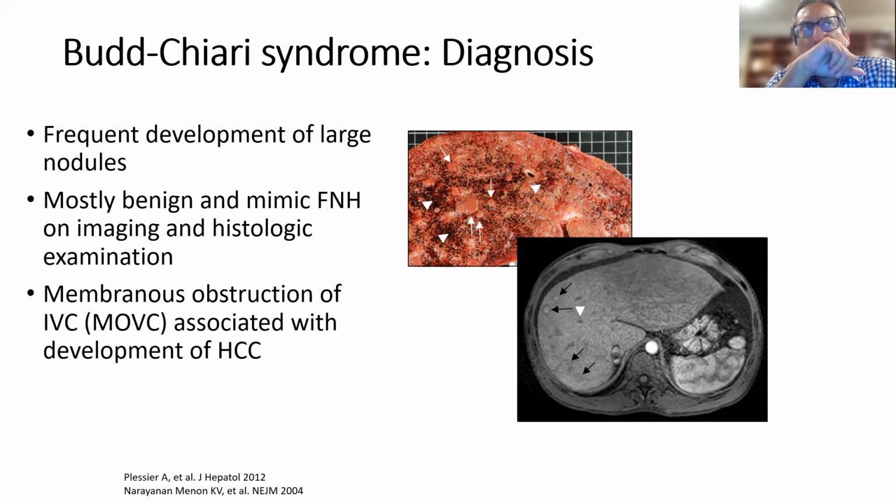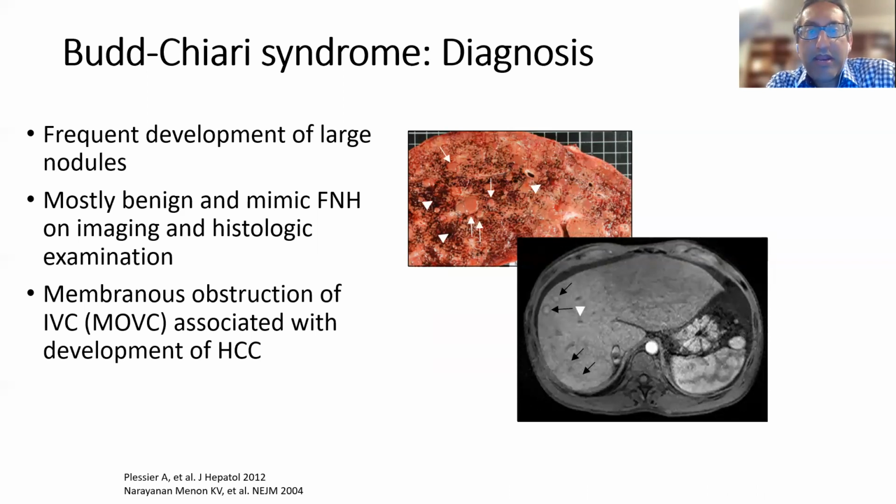Other findings that we have seen, when we talk about HCC screening in patients with Budd-Chiari syndrome: because of congestion and the blood supply, it's not uncommon for these patients to have large nodules.